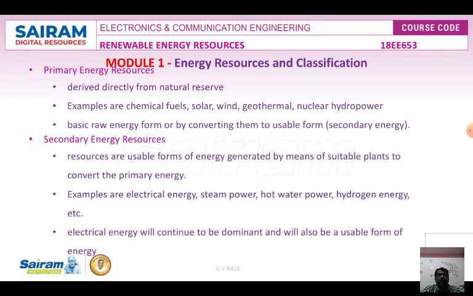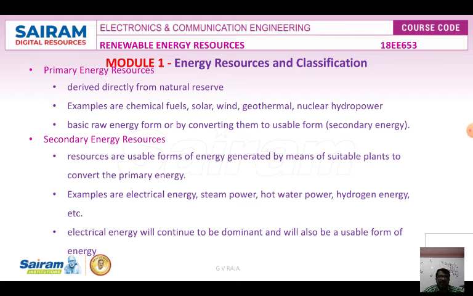We cannot use the same resources directly for the generation of energy. For example, fossil fuels, uranium, hydropower are the primary energy resources. These energy resources cannot be used in the raw form.